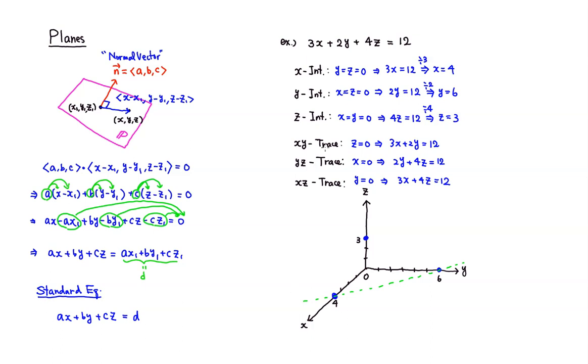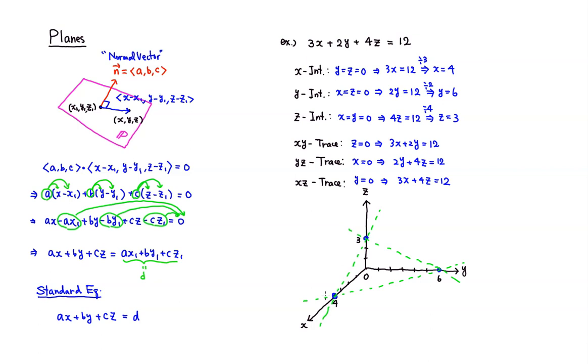And the YZ trace is right here. Hopefully I can hit there. And then this is the XZ trace. It looks kind of like this. It's going to be a set of three straight lines.